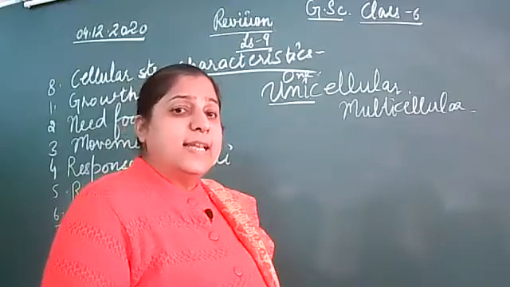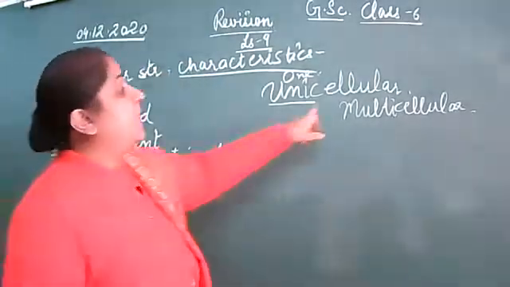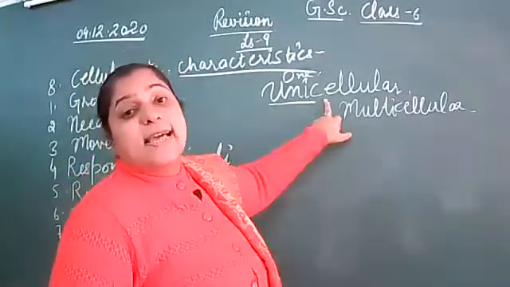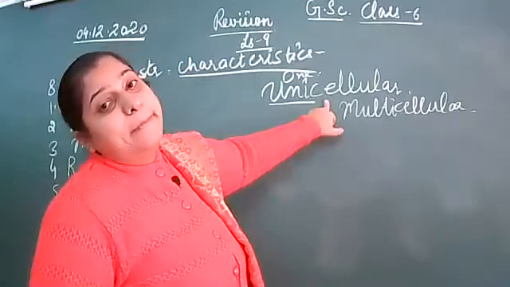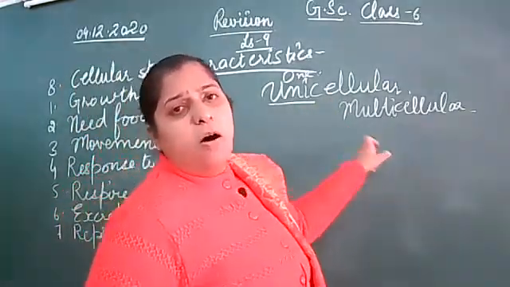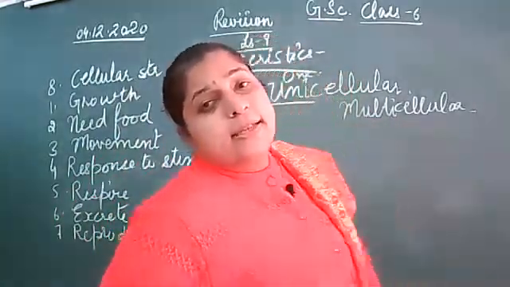Different cells perform different functions in multicellular organisms. Example of unicellular is amoeba, paramecium. And multicellular is horse, dog, cat, lion, yew, tree.